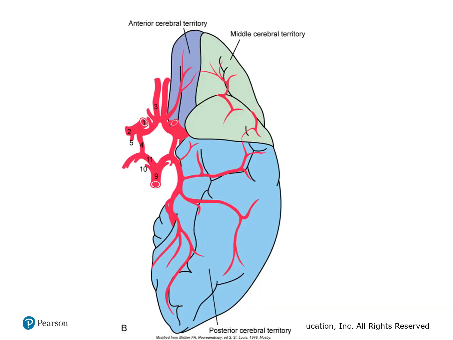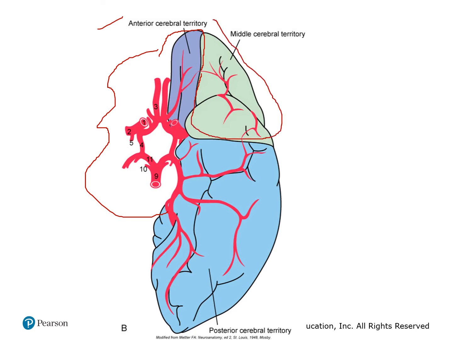Another perspective here, you have the numbered blood vessels over here that you can quiz yourself on. And then the addition here is where are they going? So anterior cerebral artery territory here, middle cerebral artery territory out here, posterior cerebral artery territory out there.